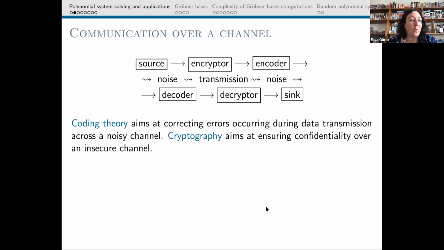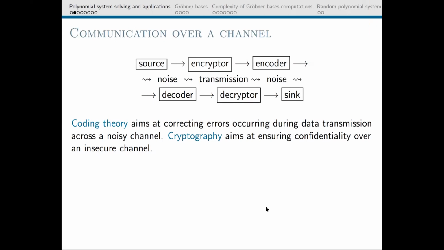Obvious examples of situations where you use coding theory are space transmission, where there are a lot of phenomena that make some of your message be lost or corrupted. And then once the message reaches the destination, you undo all you had done before. So you decode.